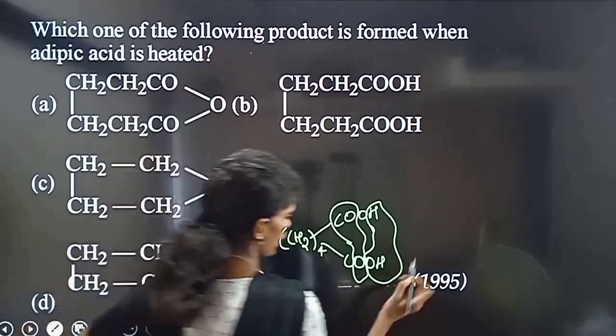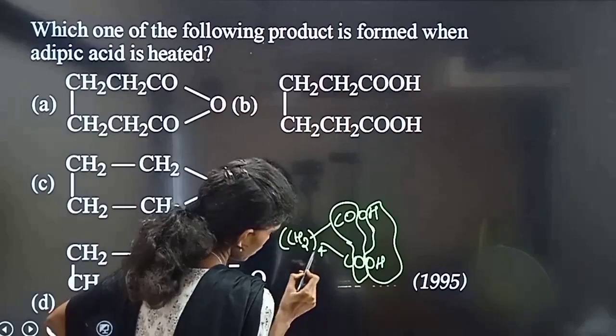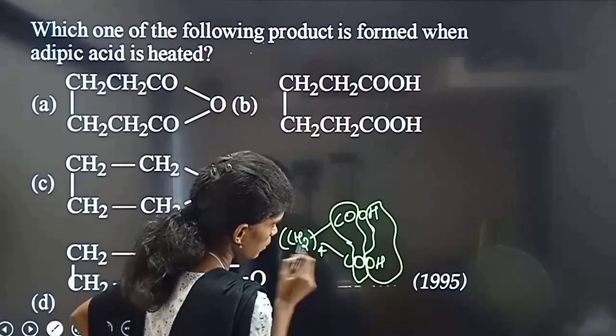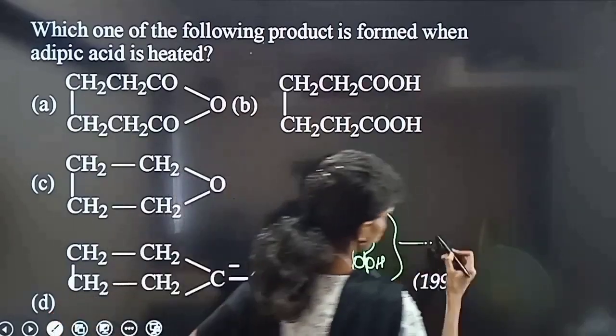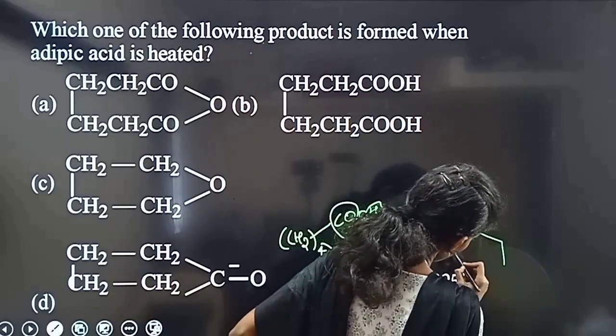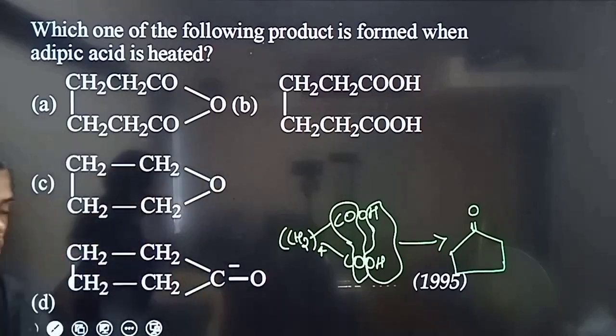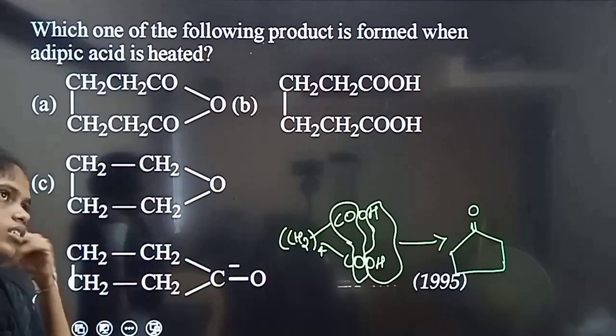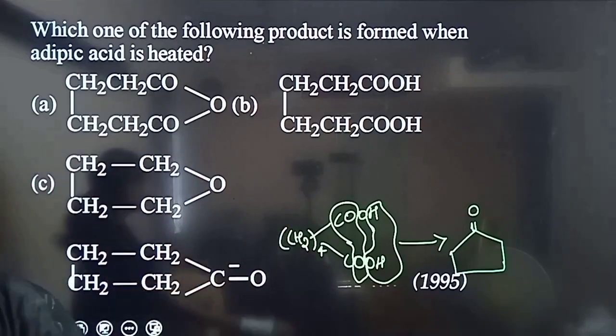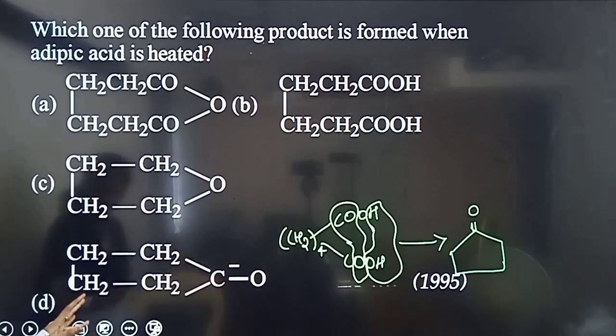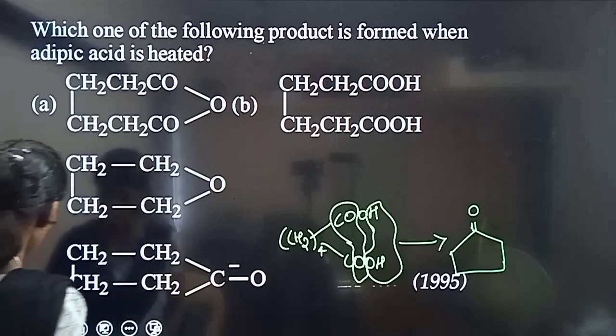So here we see C4 plus one carbon, one oxygen. So it will cyclize to form cyclopentanone. So on heating adipic acid, we saw this in the heating of dicarboxylic acids. So option D is the right answer.